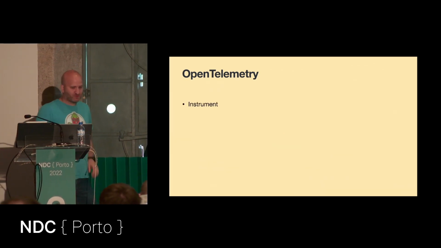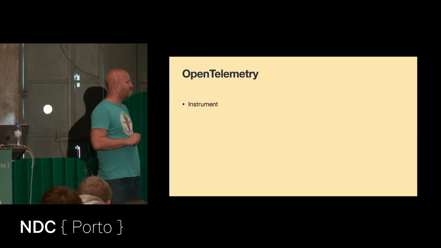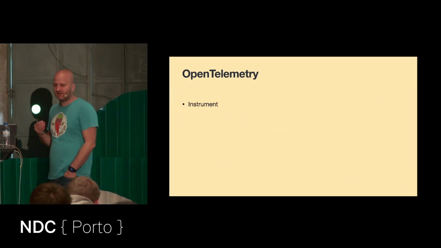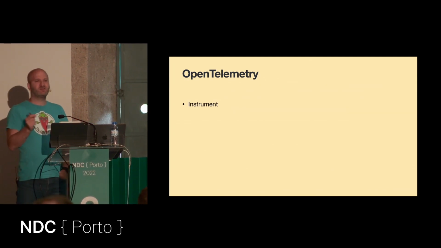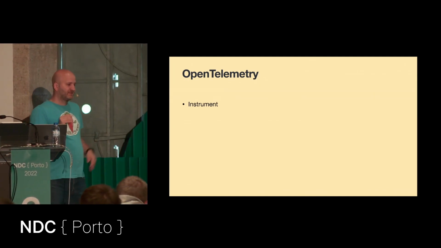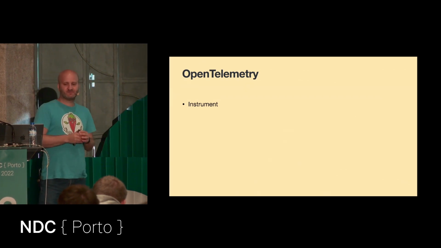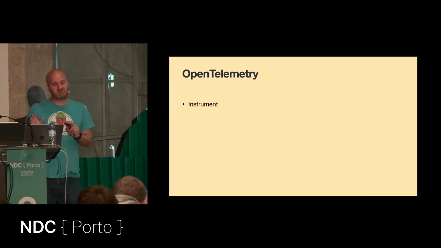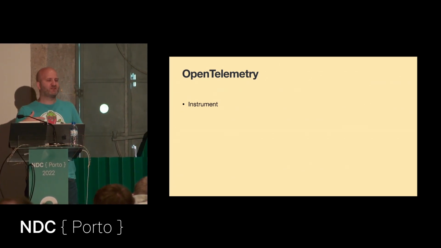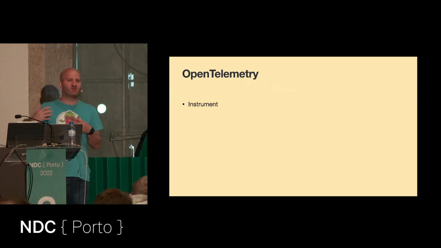So when we talk about OpenTelemetry, we have a couple of terms here. Like we want to instrument our API. Essentially, we want to add special metadata to it to later work with that in a certain tooling that brings us these observability concepts.